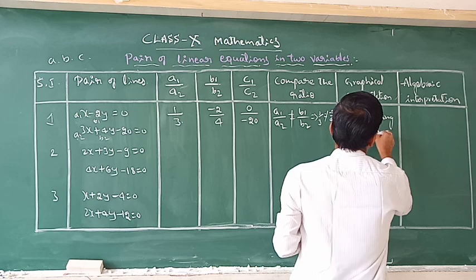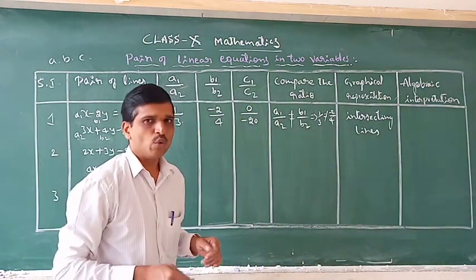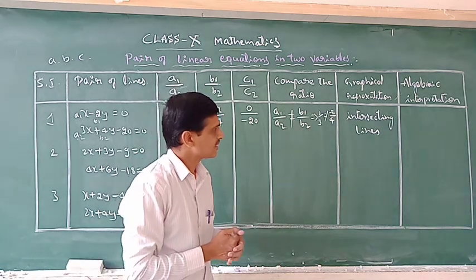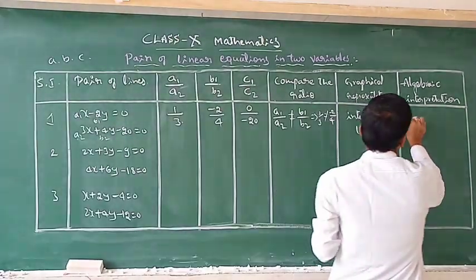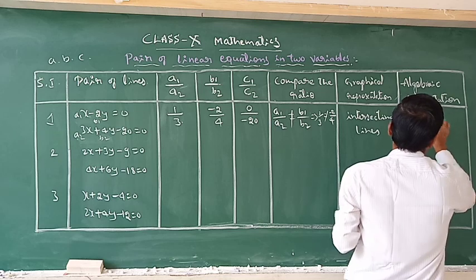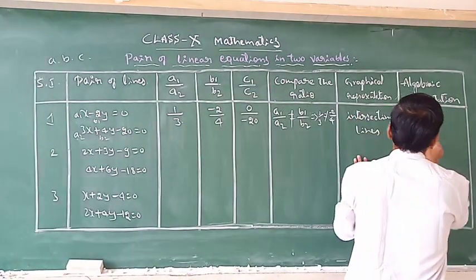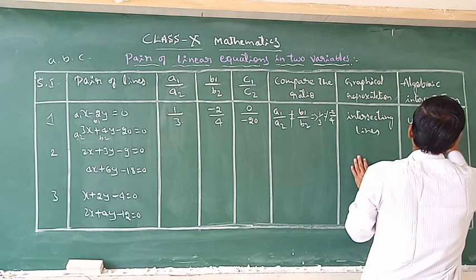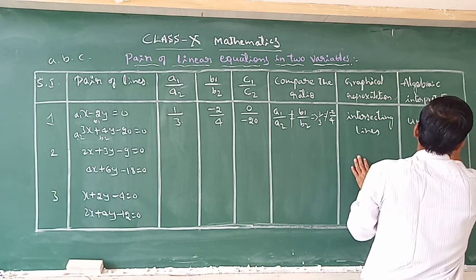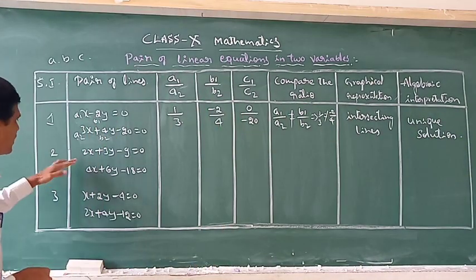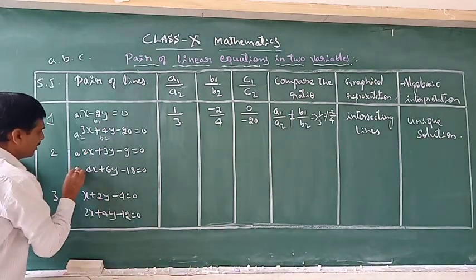You know that I just completed the solutions for intersecting lines: there is a unique solution. By the algebraic method, if you interpret intersecting lines, it shows us a unique solution.